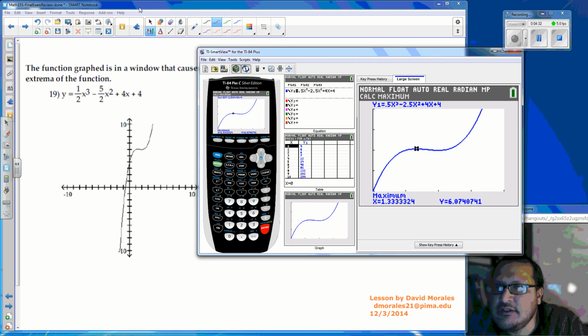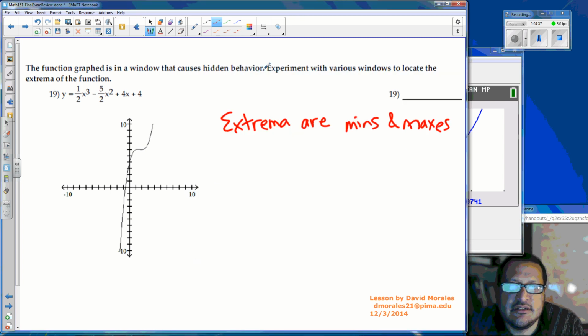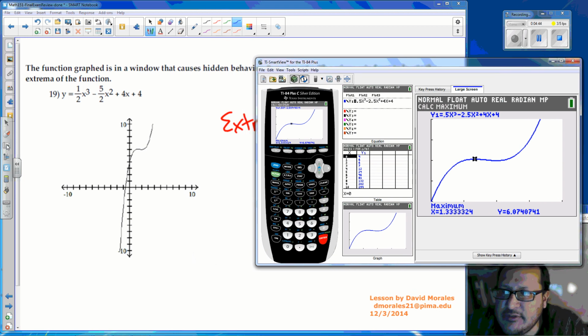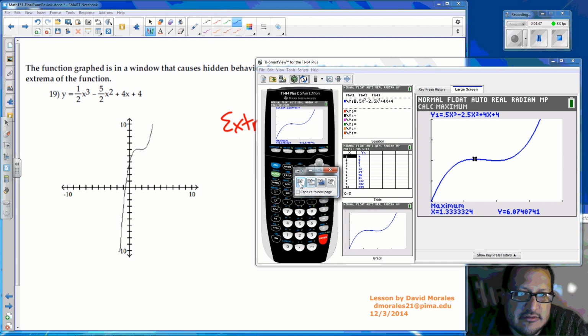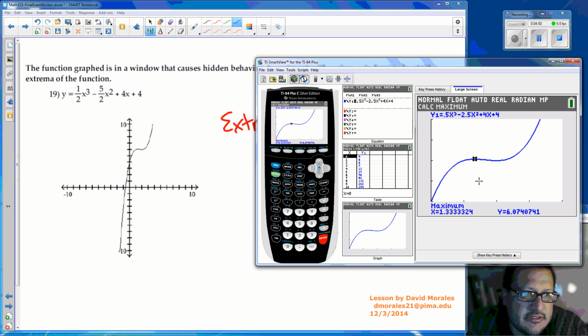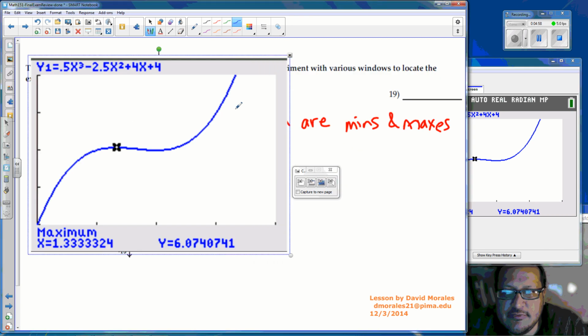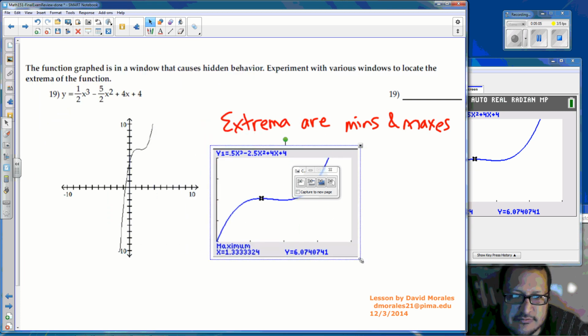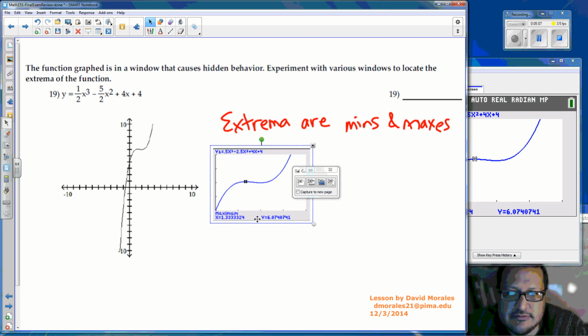Now, what wants 2 decimal places? So the answer here is, I'm going to copy and paste this to make it clear. And I think here is the maximum right there.